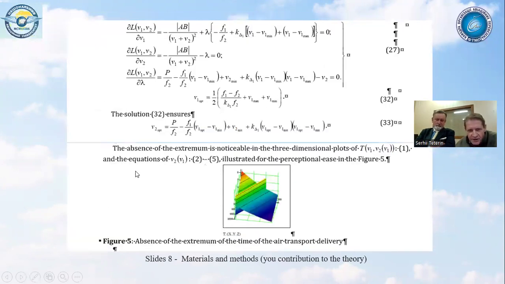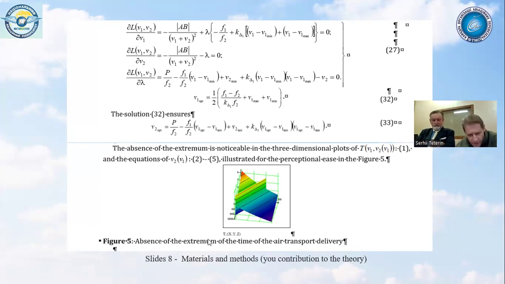The traditional procedure of the extremum search: necessary conditions, first derivatives with respect to independent variables. This system we solve, and from system 27 we found two equations for the speeds which are optimal in this way.